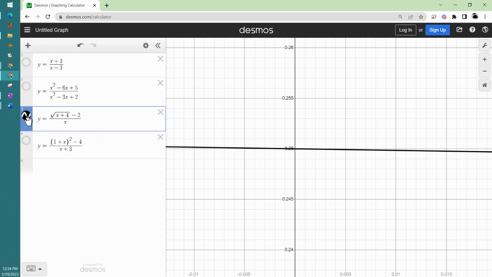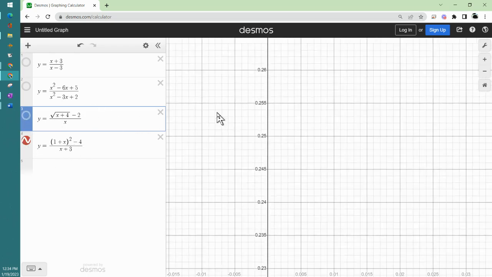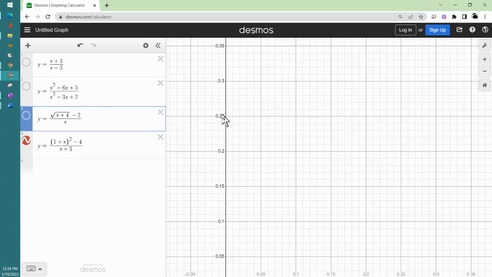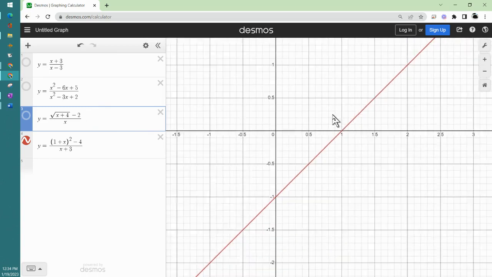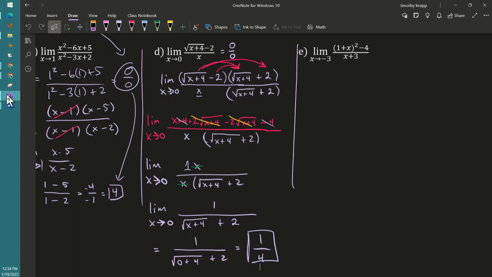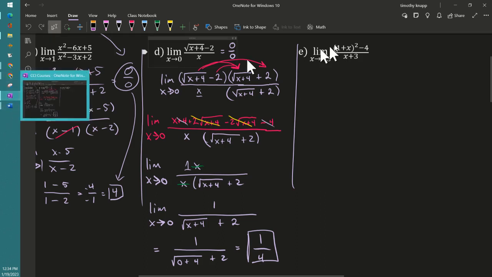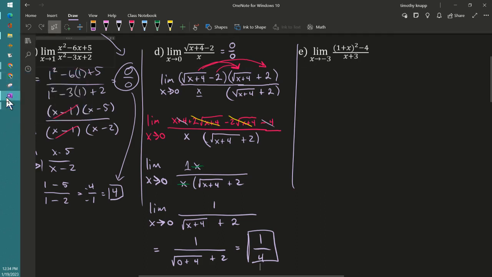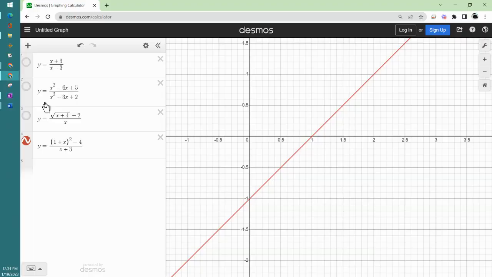All right. So this next one, I'm going to look at the graph first, and we're going to see what our limit is supposed to be. Here's my graph. Where am I approaching? This next one I'm approaching at -3, okay? So I've got the graph, it's ready to go. Here it is.